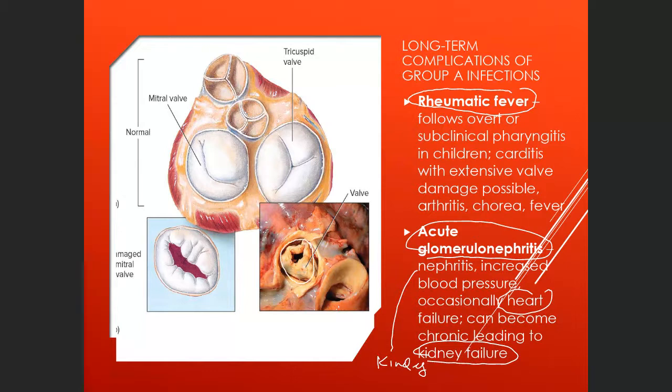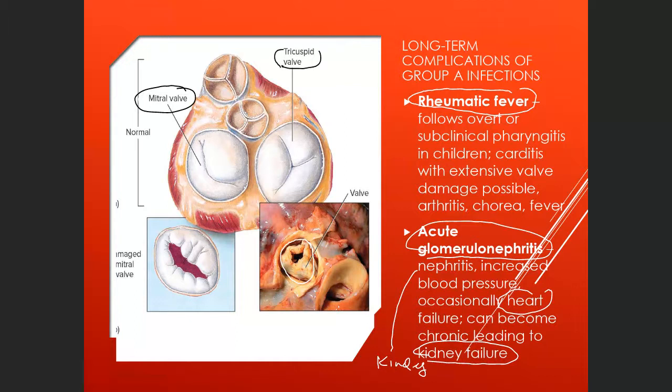Two atrioventricular valves, and there is also the aortic valve and the pulmonary valve. They usually stay in these two atrioventricular valves, which are the mitral or bicuspid valve on the left side, and the tricuspid valve on the right part of the heart.